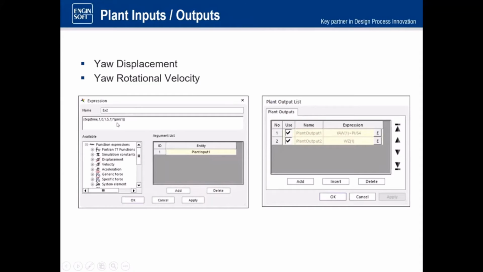PIN is a regular expression, and then you just link it with the plant input number 1. Then as far as outputs are concerned, you can just use any regular expression. So in this case, we can extract out the information that we want and operate on it as we would like to.